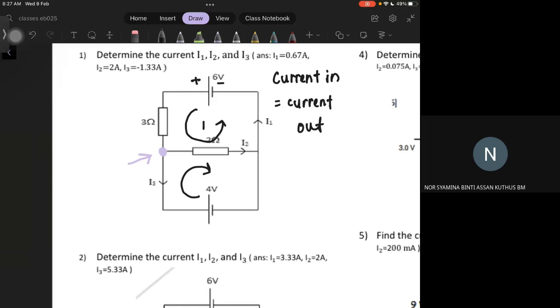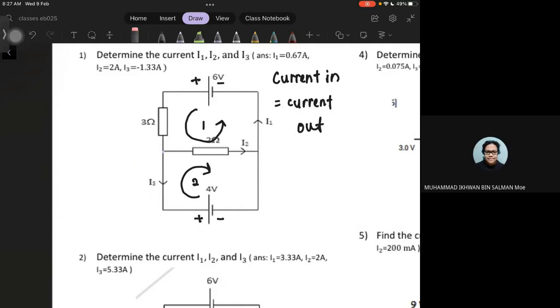Okay, bear in mind I am not following the current label in the question. I am following the current based on your flow daripada positive terminal and negative terminal of your voltage. Faham? Ini adalah loop 2. Boleh ke? Any question so far?